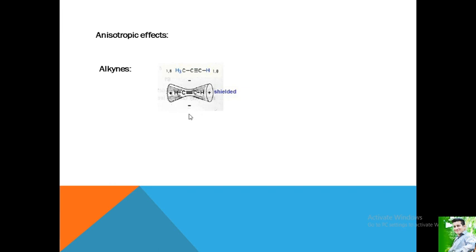So in alkyne, electron circulation around the triple bond takes place in such a way that the proton experiences the diamagnetic shielding effect. Pi electrons are induced to circulate around the axis in such a way that the induced magnetic field opposes the applied magnetic field.